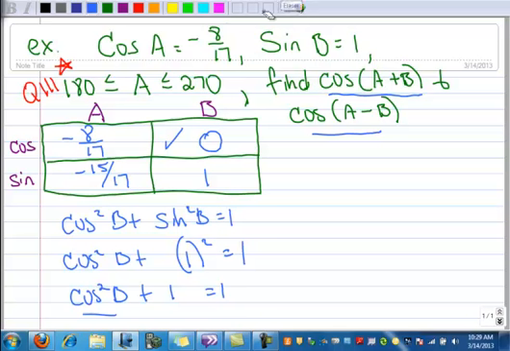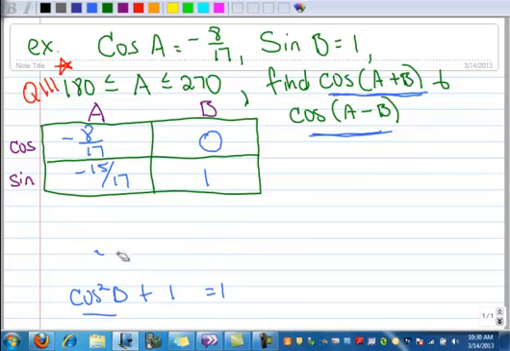All right, now that we have the box all filled out, we are ready to find the cosine of the sum and the cosine of the difference. So let me go ahead and set these things up here for you. Let's do the sum first.